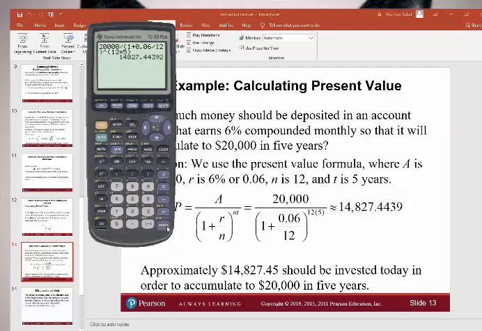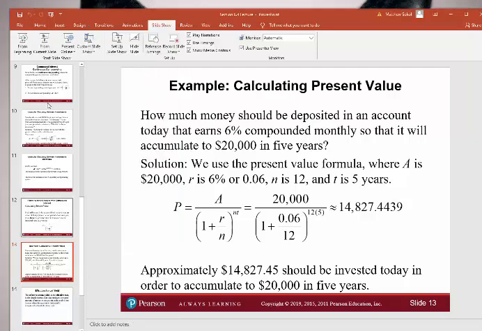We'll always round these up when you do these problems. So if you want to have $20,000 in 5 years, then we would need to have deposited $14,827.45. So just straight up following the formula and plugging it right into your calculator.